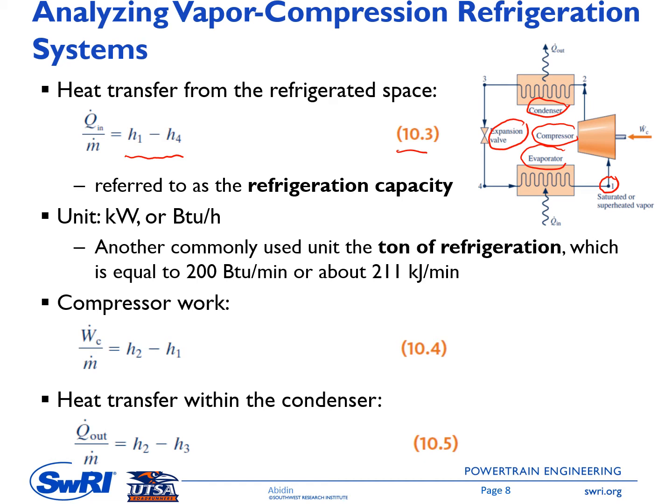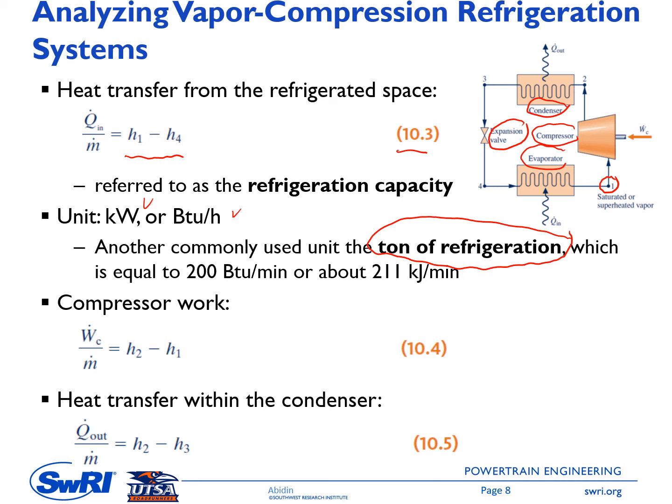So for you who have experienced purchasing a refrigerator in the past, one of the questions when you go to Best Buy or Walmart or any shop is, what is the refrigeration capacity? And the unit is either kilowatt or BTU per hour, or this is the common unit. I believe people in the refrigeration system area use this unit, ton of refrigeration.